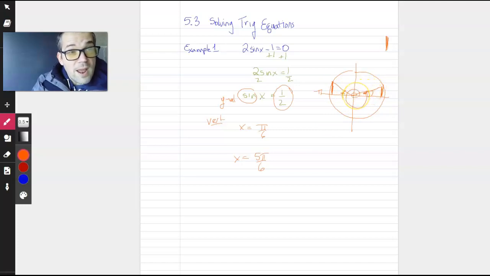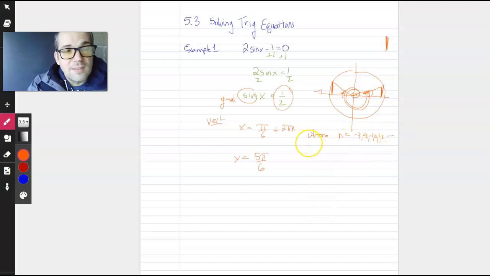Or if I go around 2 times and over here, that's an answer. So I want to add integer multiples of a full rotation, which means I'm going to add to this 2 pi times n, where n is like -3, -2, -1, 0, 1, 2, and so on.